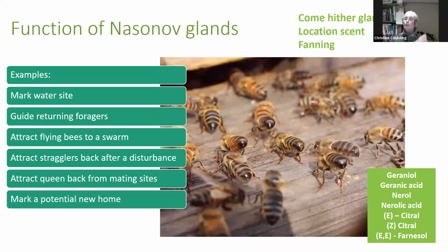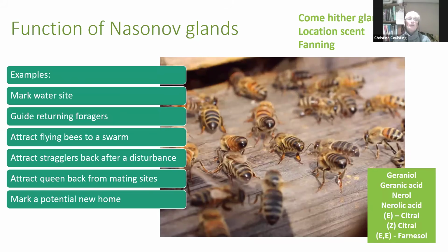So after the bees have swarmed, and the swarm cluster alights on a branch, then they will be using the Nasonov glands to attract their swarm mates. And also after a disturbance, so you've opened up the hive, and there'll be stragglers coming back, and they will often be using the Nasonov gland at the entrance, and that's probably the example we see here.